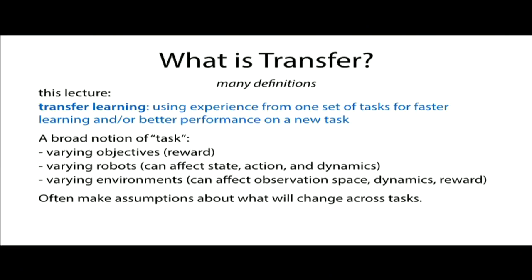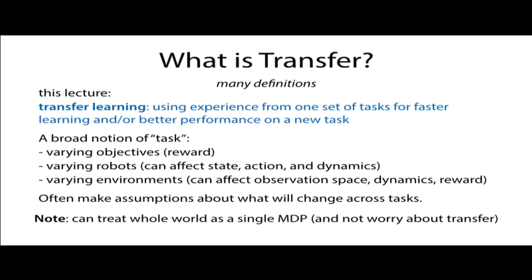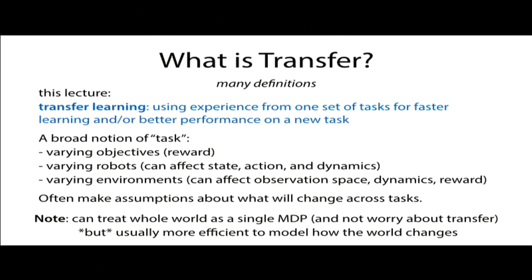OK, and then another side note is that one thing you might ask is, well, why not just treat the whole world as an MDP and not worry about transfer? Then we can just have our agent go out in the world and learn in the world. This is a reasonable idea and generally could work, but usually it's more efficient to model what changes in the world.